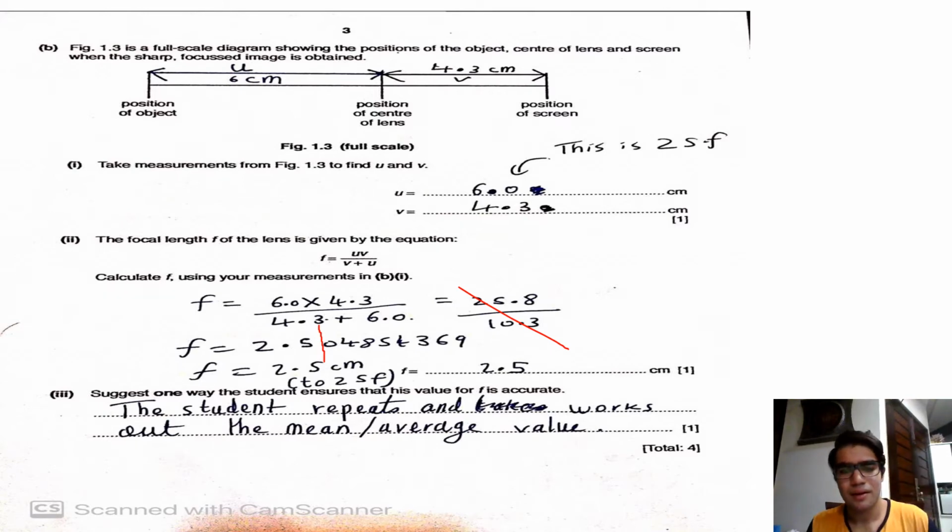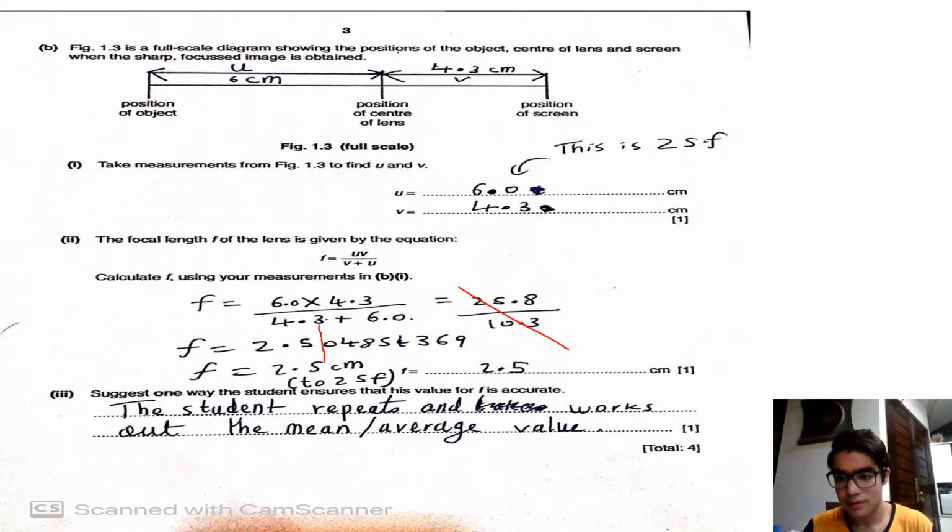The way you would ensure that the value for x is accurate is you repeat the experiment. Just say that the student repeats and works out the mean or the average value. I wrote a slash because mean and average are almost the same thing, but you can say average. You can say the student repeats and takes an average, or the student repeats and works out an average value. Okay, so that is it.